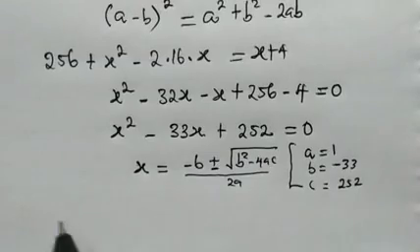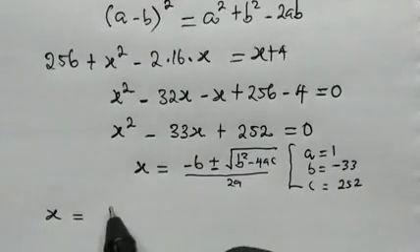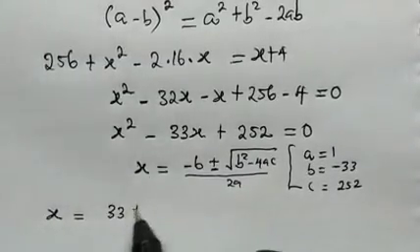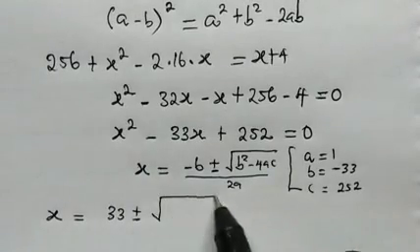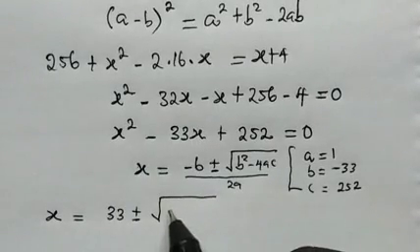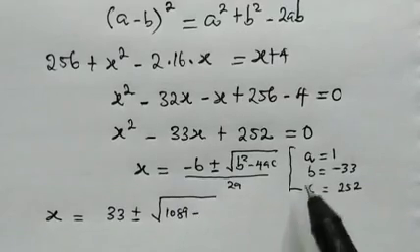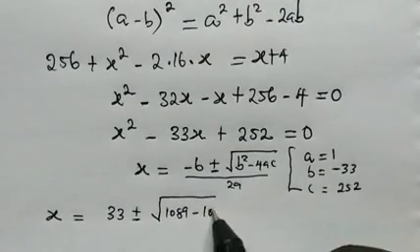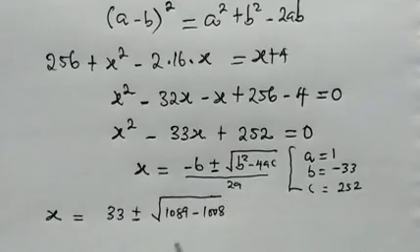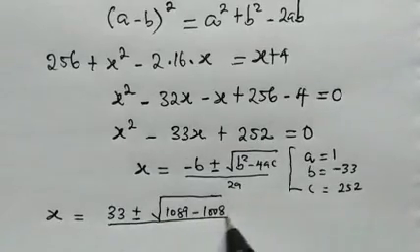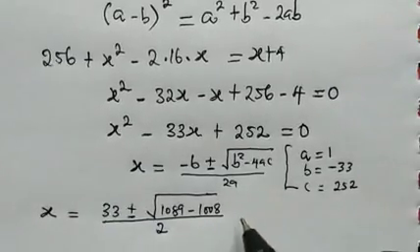So making use of this, we get x is equal to negative b, which is 33, plus or minus the square root of b squared, which is negative 33 squared, which is 1089, minus 4 times a times c, which gives us 1008. Then everything divided by 2 times 1.